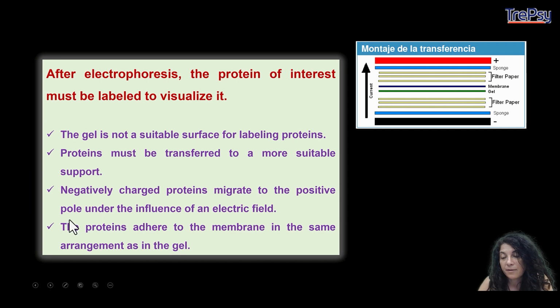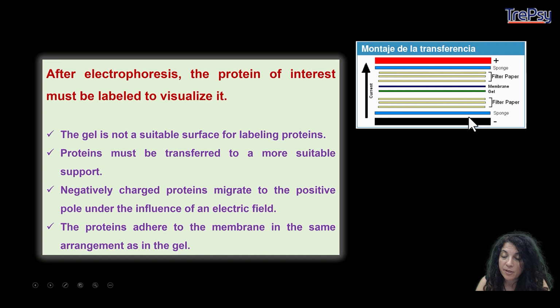field. For example, you have here the negative pole and the positive pole. You put a sponge, different layers of filter paper, then you have your gel, your membrane, and different filter paper, sponge, and the positive pole.